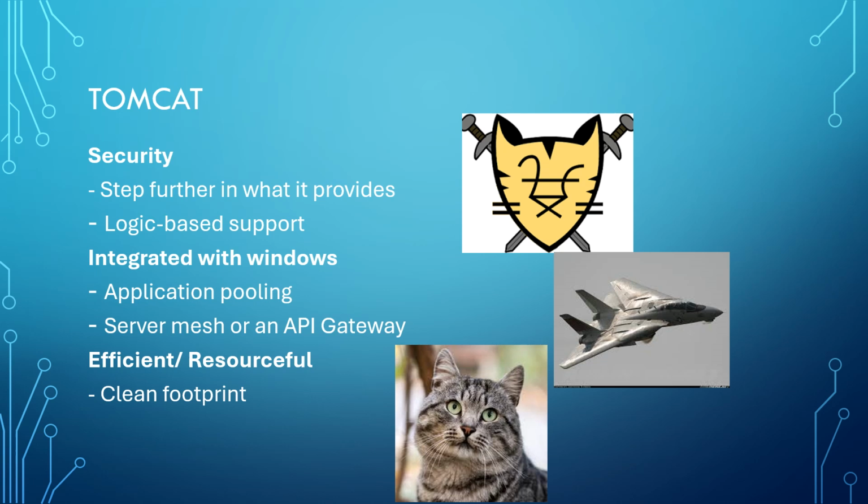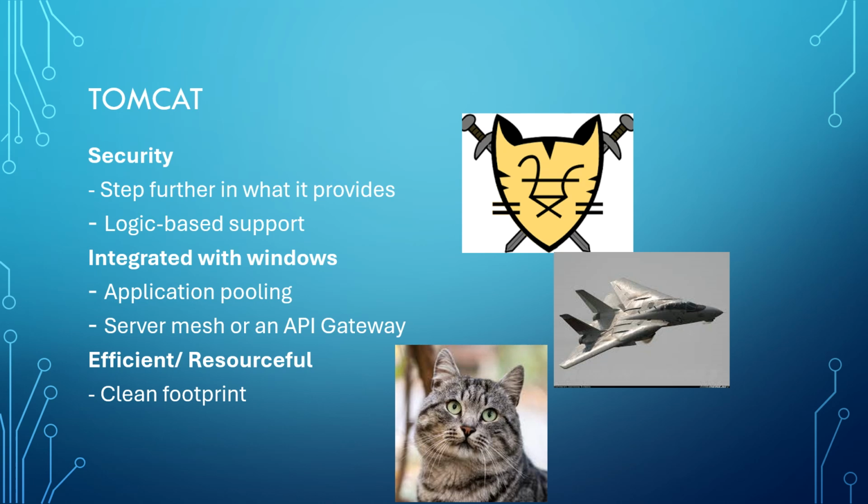Security: compared to normal Apache, Tomcat goes a step further in what it provides. It's a foundation of logic-based support. An example I heard from someone explaining it on YouTube was that Apache is like the base software: it just does the numbers, and say you want to see a video, it puts the videos up and all that.